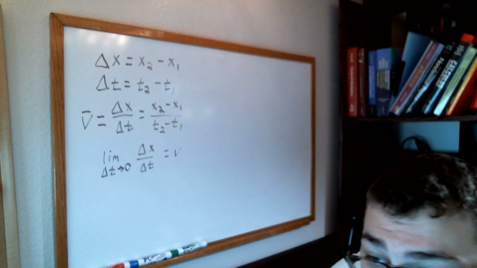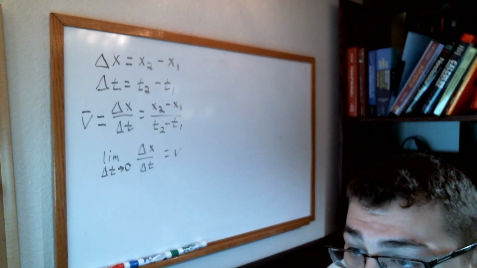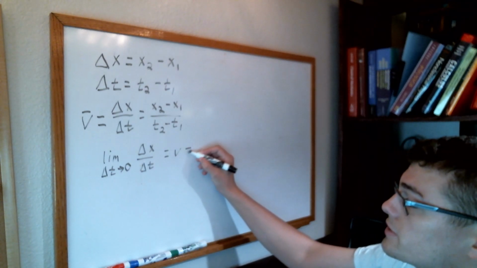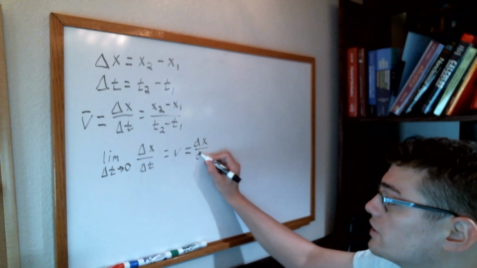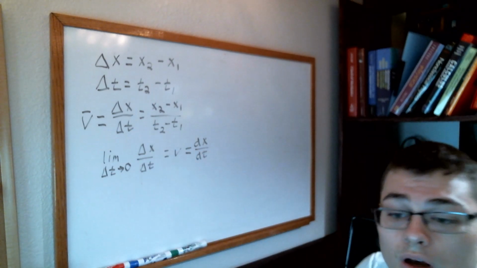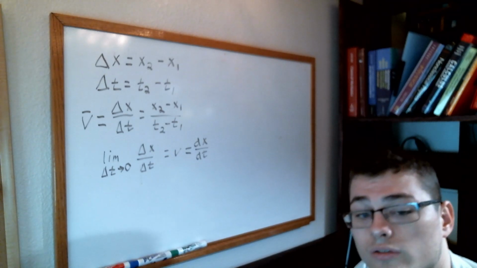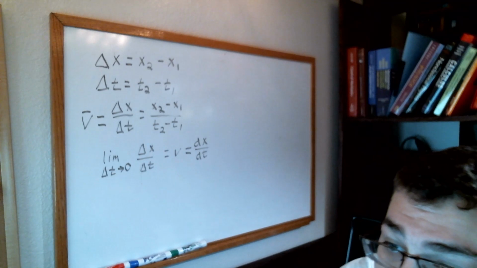So this is going to be your velocity at any point in time. And we can also just say that this then is going to be equal to dx/dt, or the time derivative of our displacement or position function. Either word is very, very usable in either sense.